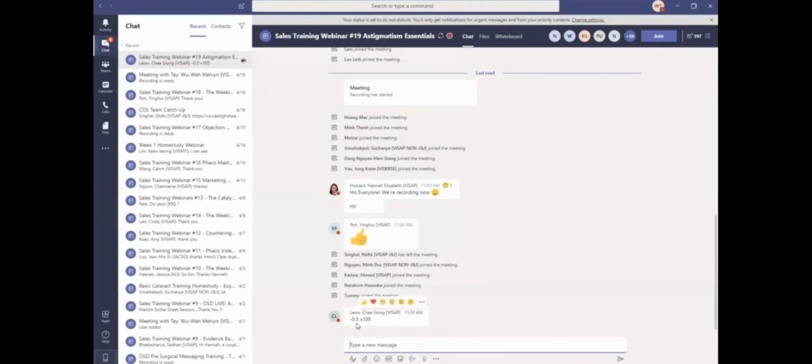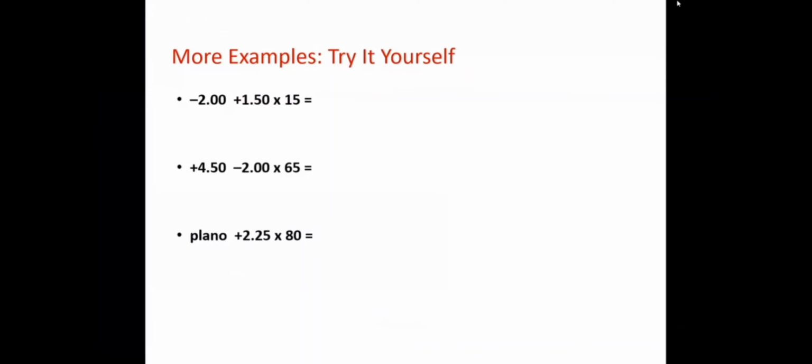I see one person has replied. How about the rest of you? Switch this from plus cylinder to minus cylinder. How do we do that?